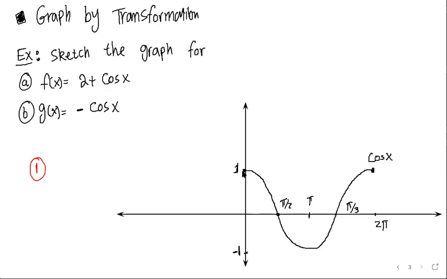Shifting this graph up, first of all I'm going to shift the x-axis 2 units. So this value is 0. Shifting it up 2 units will be around here. The first unit is 1, the second unit is 2.